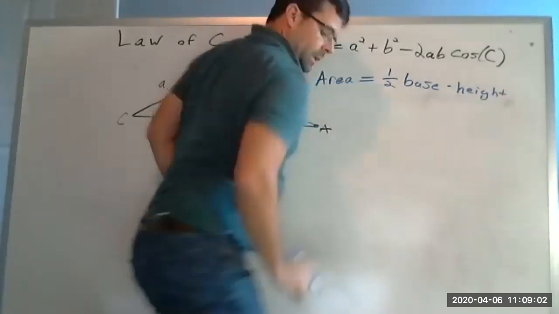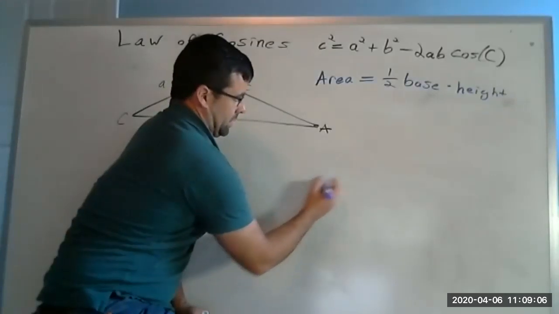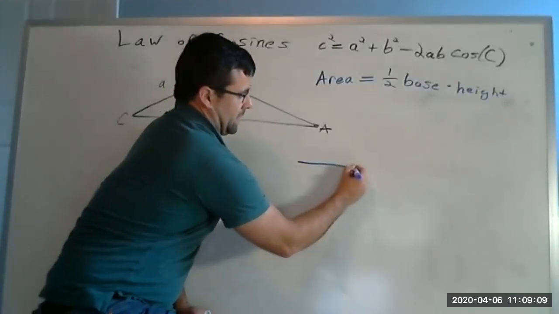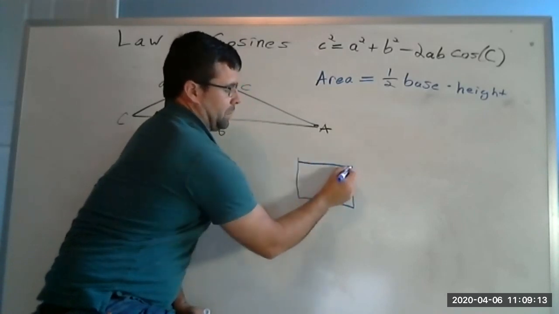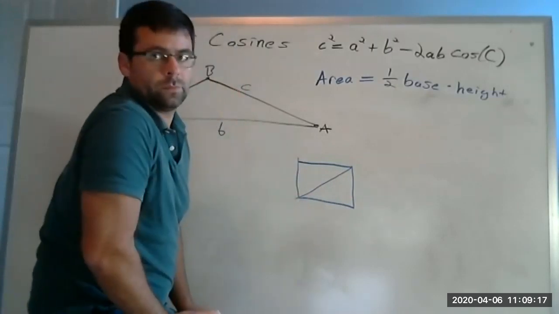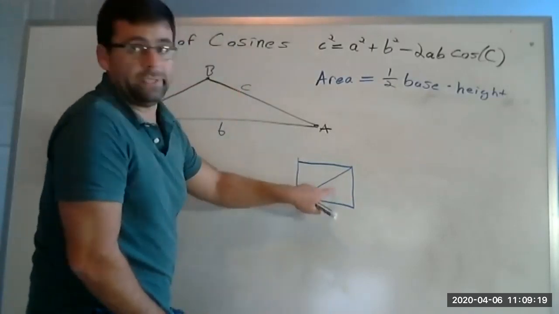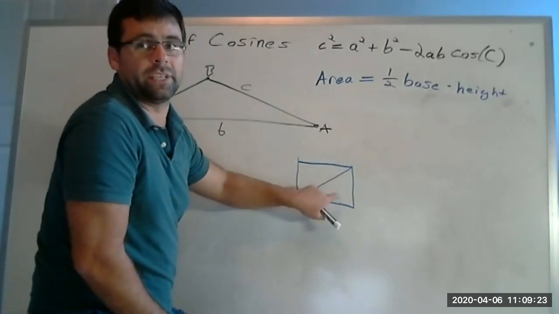And this is based on the idea that if you took a box and split it into two triangles, these two triangles are the same, and so their areas are the same.